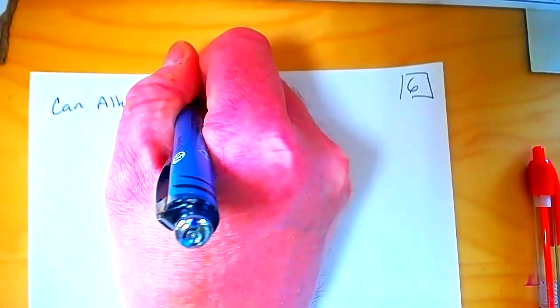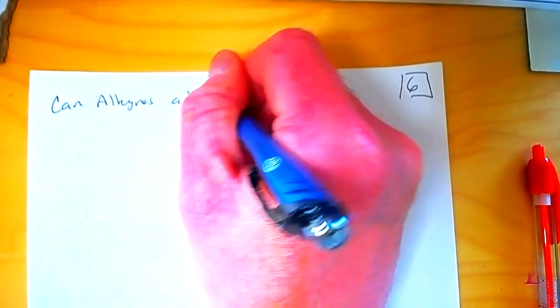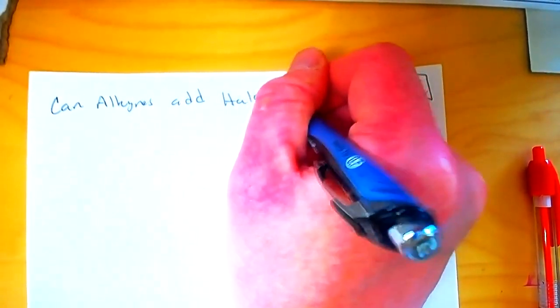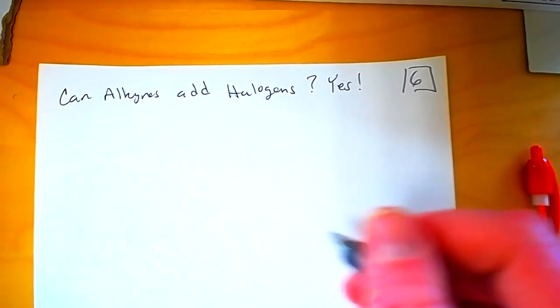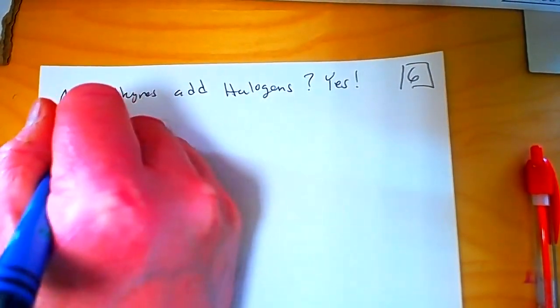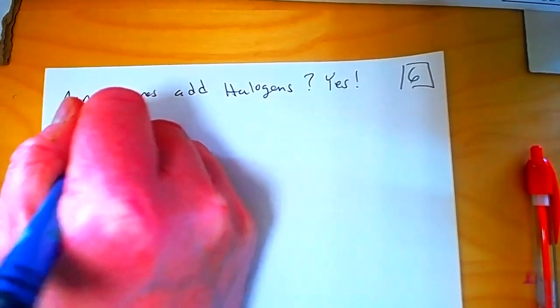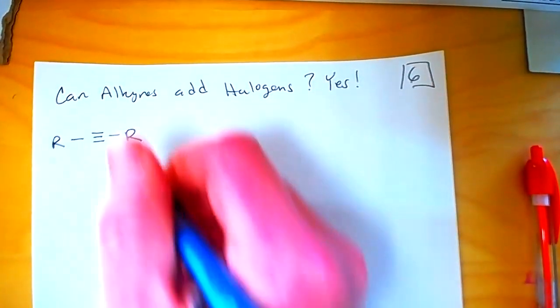Okay, now, I guess a follow-up to this will probably be the last thing I get to talk about. Don't want this video to be too long, is can alkynes add halogens? And the answer here is, well, yes, they can as well. They have two pi bonds.